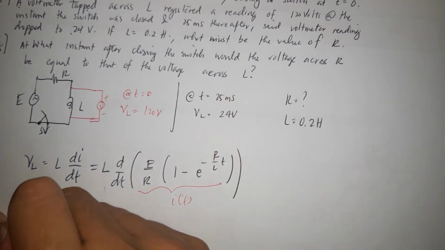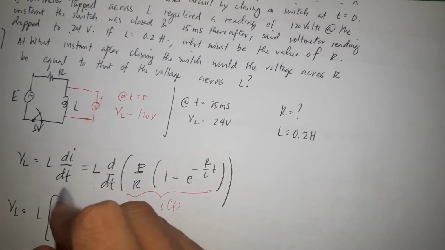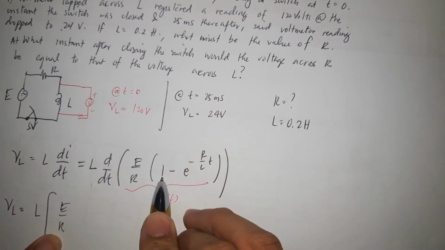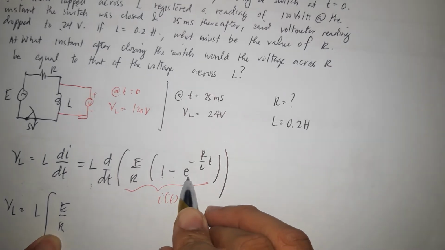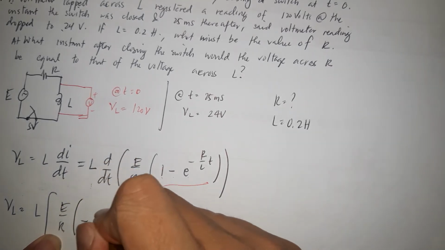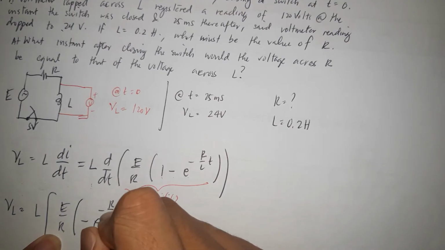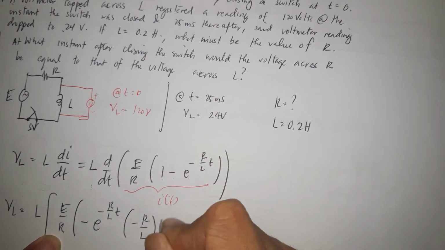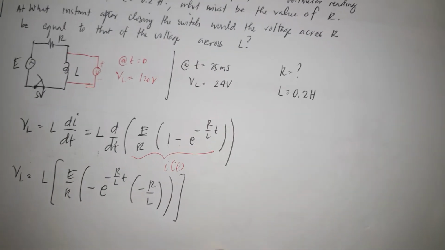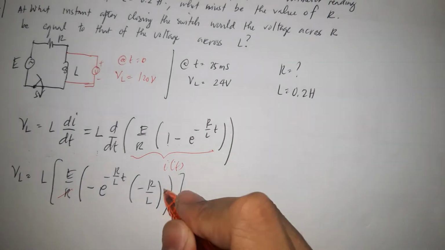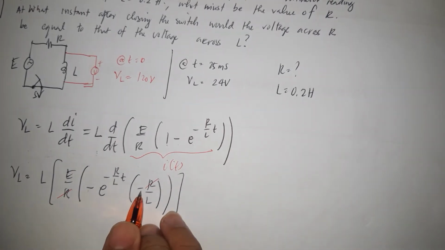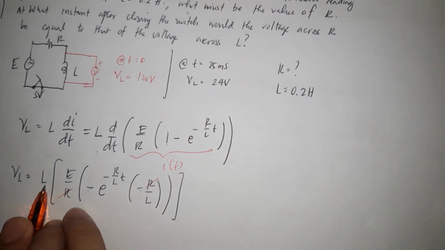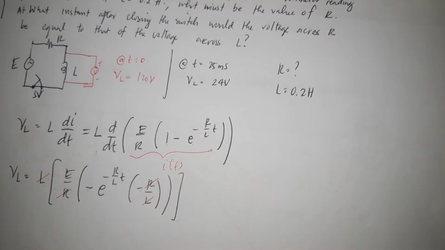So VL, simplifying, is L times the quantity E over R times the derivative of 1, which is 0, minus the derivative of e to the negative R over L t, which is negative e to the negative R over L t multiplied by negative R over L. So this R cancels out, the negative and negative becomes positive, and since this is preceded by L, the L cancels out also.